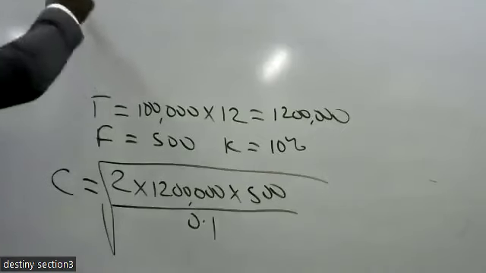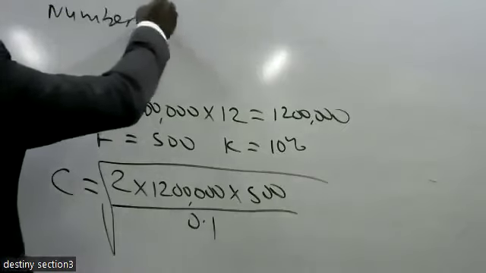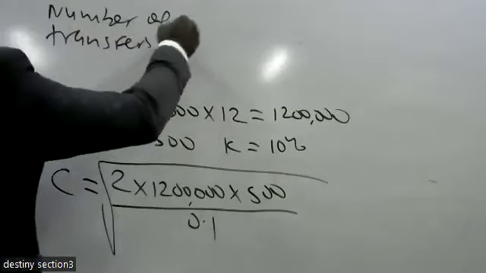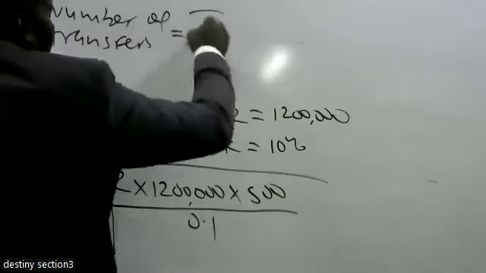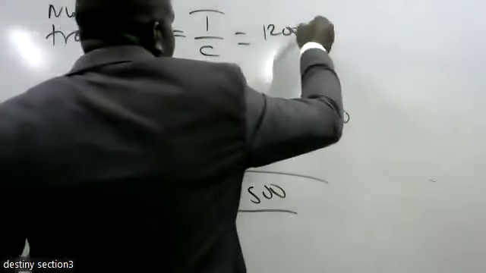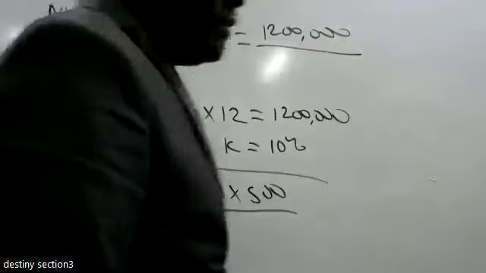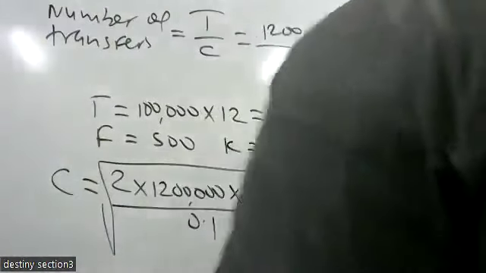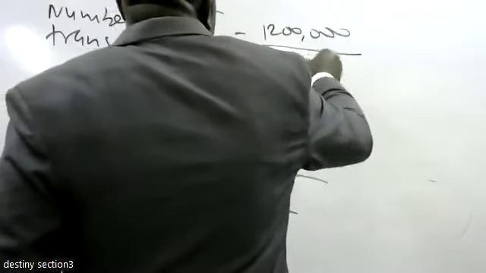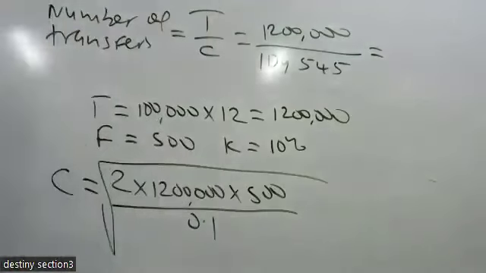So to get the number of transfers, simply take T divided by C. So T is 1.2 million, and C, you have said it is 109.